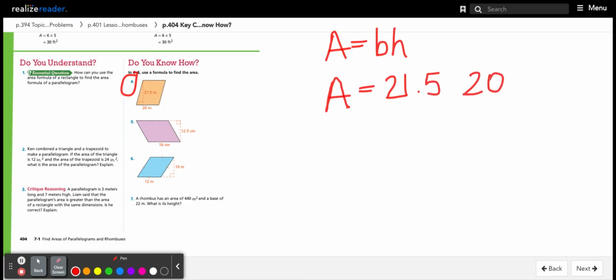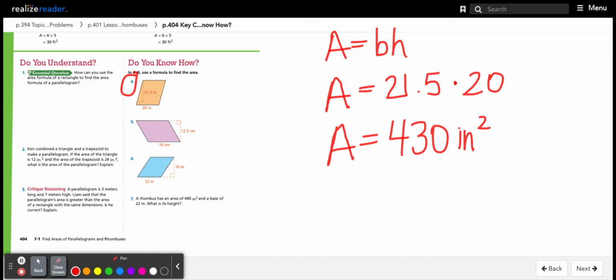What operation are we doing here? Area equals BH. What operation is that? We are going to be multiplying. So make sure you can tell the difference between a decimal and a multiplication dot. Area is going to equal, put it in your calculator, what do you get? 21.5 times 20 is 430 inches squared.